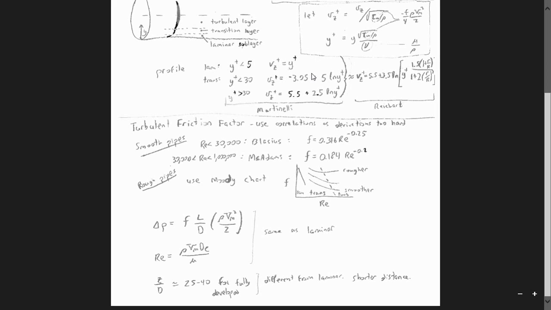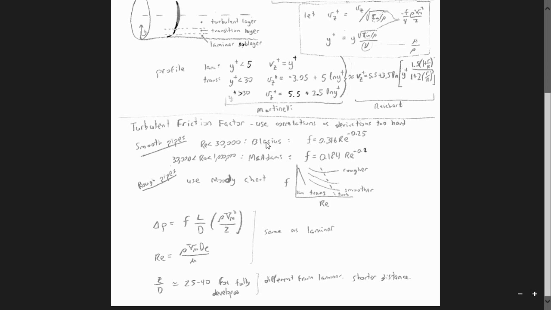So in laminar flow, we used a velocity profile that was derived from first principles in order to find our friction factor. In this case, we already have a correlation for our velocity profile, so we're also going to use correlations for the friction factor. And we just calculate it based on the Reynolds number and then some coefficients. So we're going to have a coefficient out front times some Reynolds number raised to a power, giving us a friction factor for different conditions.